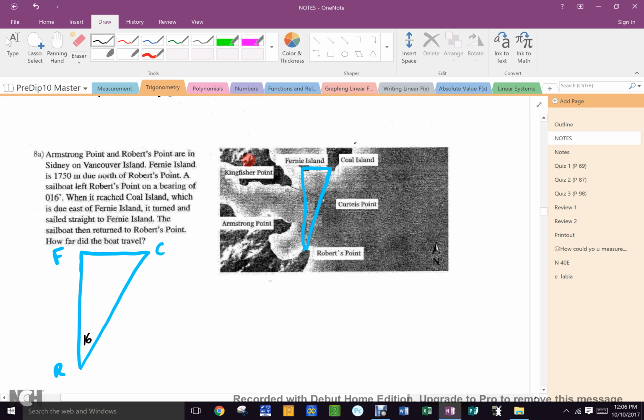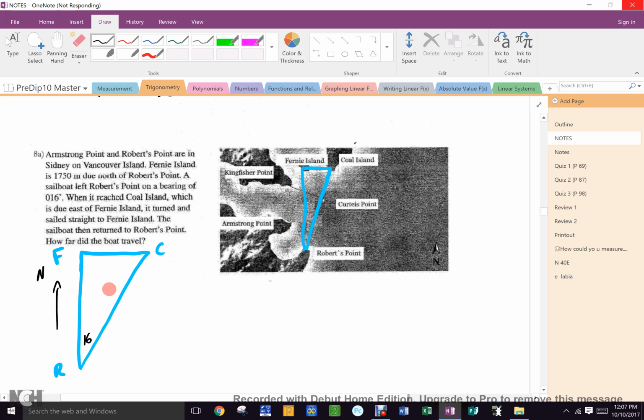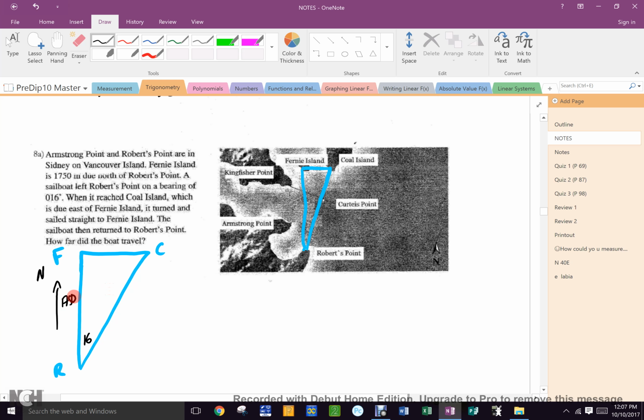The question tells me Fernie Island is due north of Roberts Point. So this is north, which means that's where I start counting from. 16 right there. And you know this side is 1750, which I'm going to write on in a moment. And then again, is there more than one way to do this question? Yes. I'm going to use trig only.